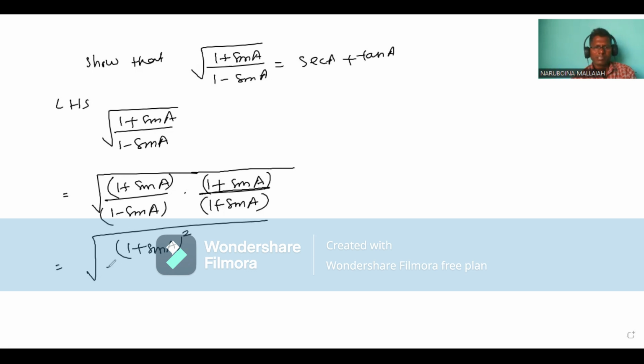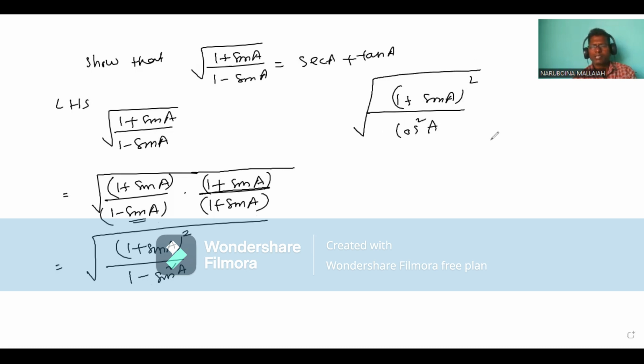A square means 1 square, that is 1, minus B square, that is sin square A. Now (1 plus sin A) whole square by (1 minus sin square A), and 1 minus sin square A is equal to cos square A.